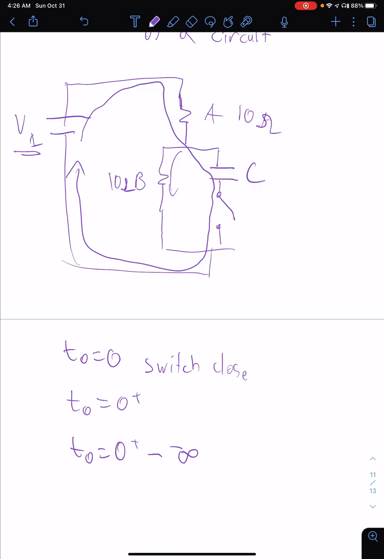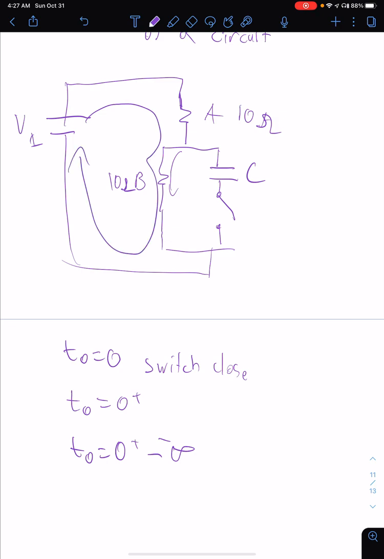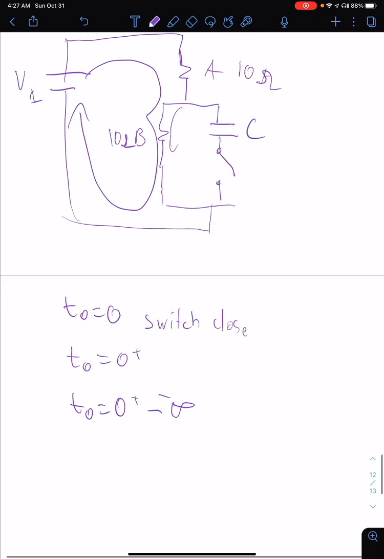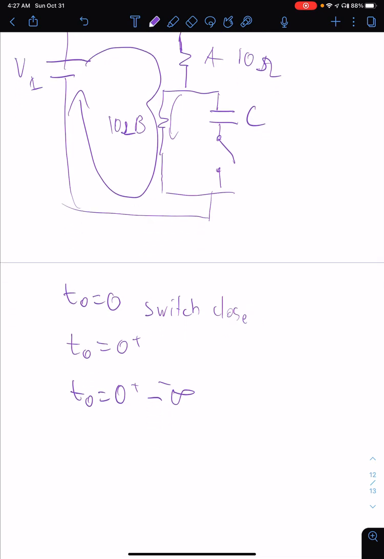And that is the property of capacitors. So the capacitor voltage will slowly get bigger and bigger while the current gets smaller and smaller, until your path is back to this inner loop, completely forgetting the capacitor branch. That's what's going to happen at T infinity.